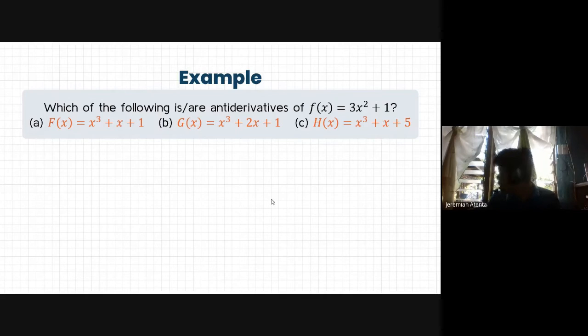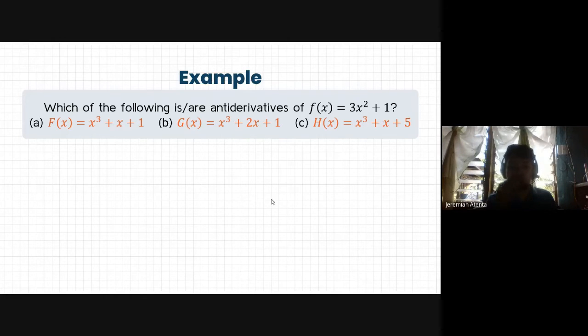Which of the following is or are antiderivatives of f of x equal to 3x squared plus 1? Is it A, B, or C? A is f of x equal to x cubed plus x plus 1. B is x cubed plus 2x plus 1. And C is h of x equal to x cubed plus x plus 5.